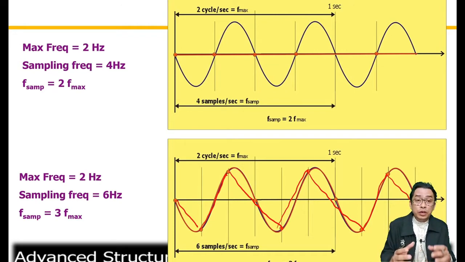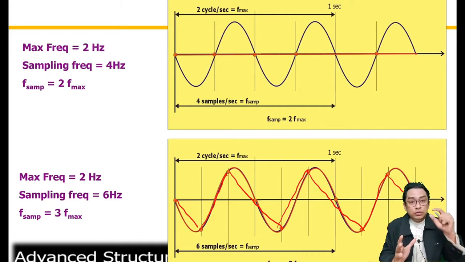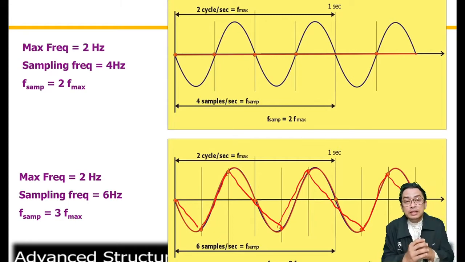For a random signal, we have a combination of a lot of frequencies, so we need to identify the maximum frequency that we want to measure. Make sure that the sampling frequency is slightly more than double the maximum frequency that we measure.